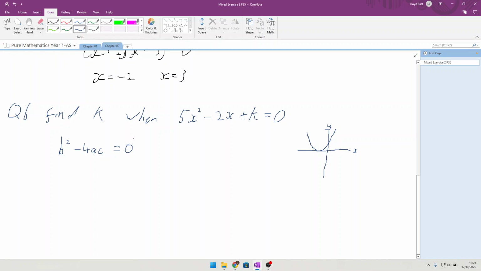Okay, so b value is minus 2, so minus 2 squared minus 4 times a, which is 5, times c, which is k, all equals 0.